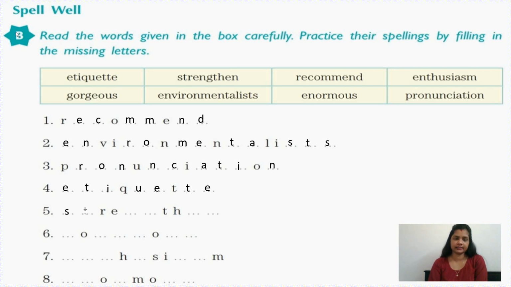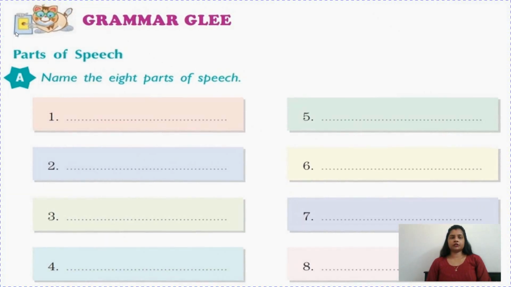The next one is STRENGTHEN, strengthen. The next one is GORGEOUS, gorgeous. Next one is ENTHUSIASM, enthusiasm. And the last one is ENORMOUS, enormous. Now children, let's come to grammar.